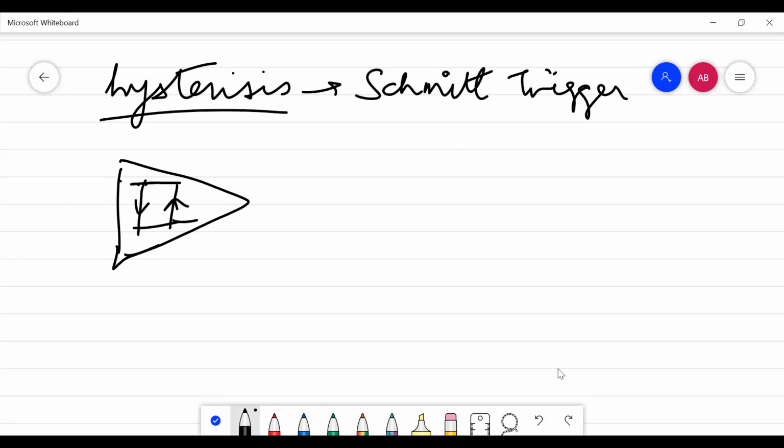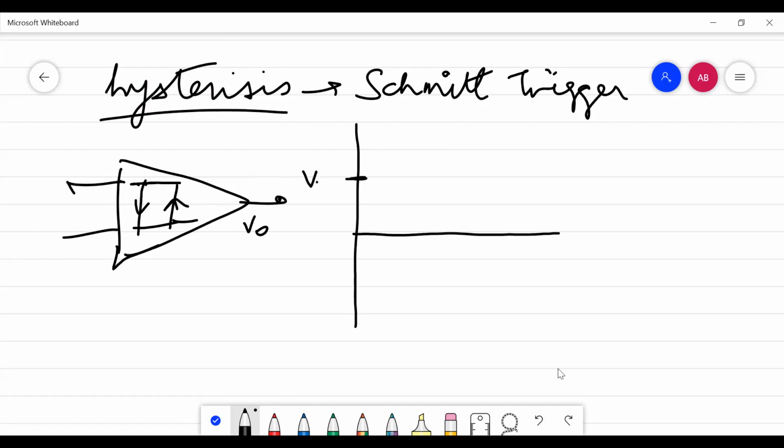So it is given like this. This is the V naught. And basically, two threshold voltages are defined: one is the lower threshold voltage and the other is the upper threshold voltage.